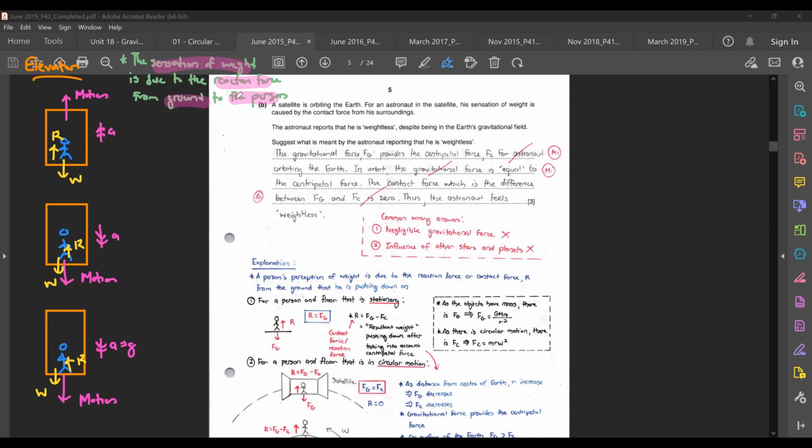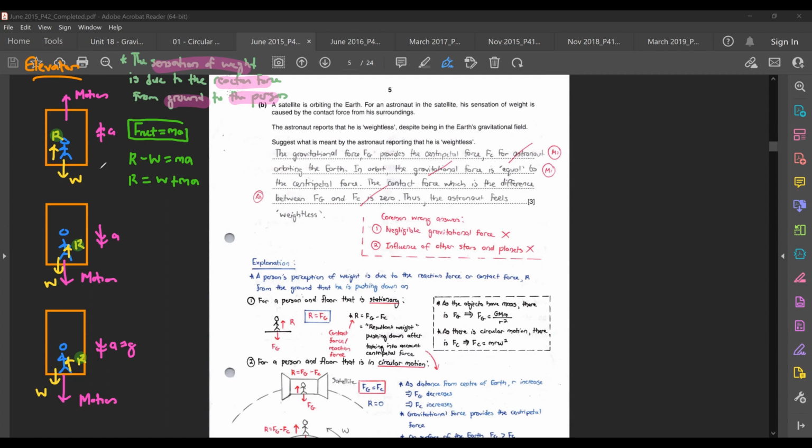So whatever weight you feel is actually due to this reaction force R here. If I consider the first elevator and apply F net equals ma, this would be R minus W equals ma. So R equals W plus ma now.